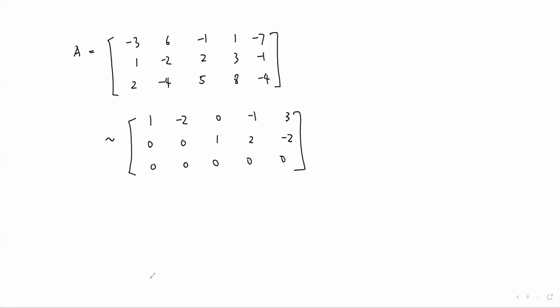Okay, now from the echelon form, the first column contains a pivot. So the first column in the original matrix is a pivot column. The third column has a pivot number. So the third column in the original matrix is a pivot column.